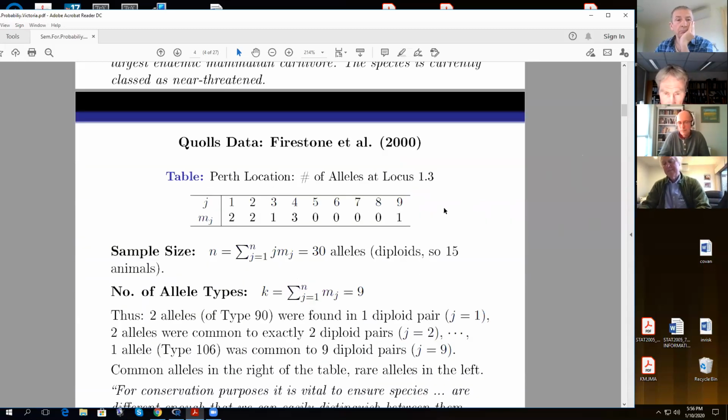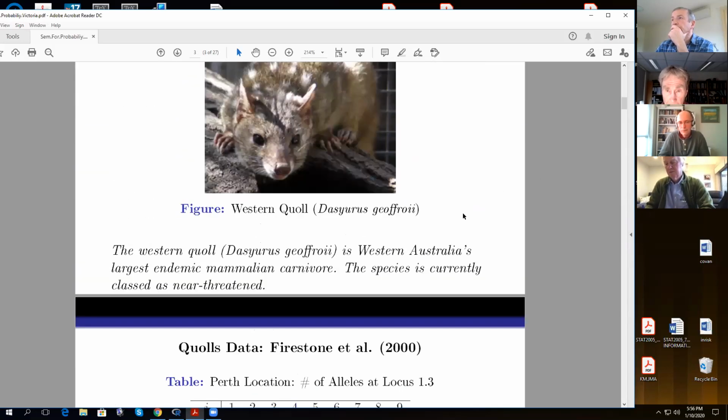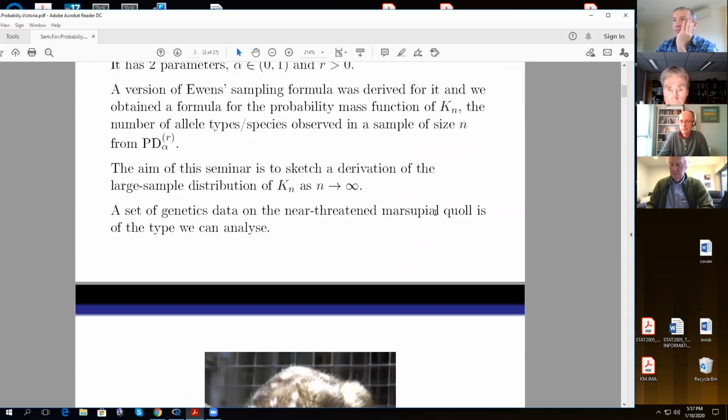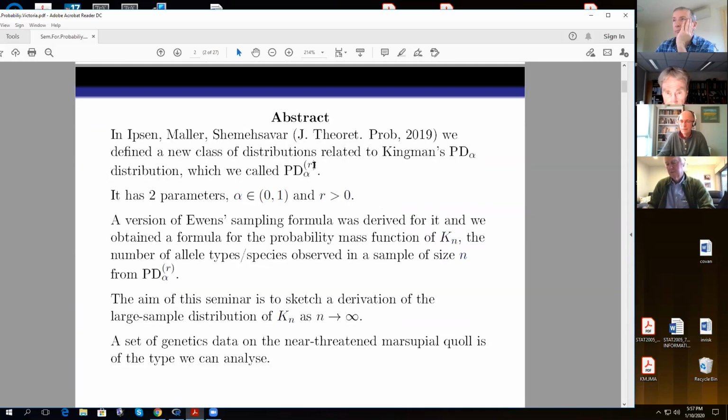No, but maybe I can expand a little bit on it. You mentioned the theta parameter, and I think occasionally I mentioned PD alpha theta also as one of the Poisson-Dirichlet's, which is derived again from Kingman and then later Pitman's work. We also can derive a PD alpha R comma theta version. And so that, in a sense, is a generalization of PD alpha theta.